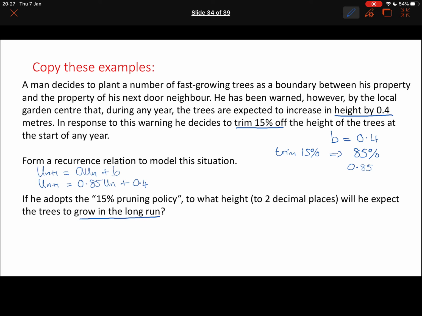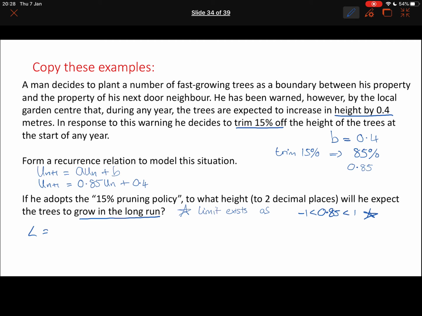If you're calculating a limit, you must always state the limit condition. So we'll just write this down, that a limit exists as, and we've got 0.85 this time, and that's obviously in between -1 and 1. So we'll work out our limit.